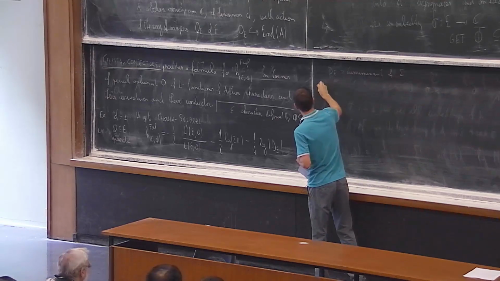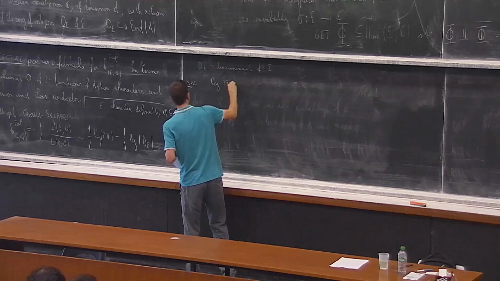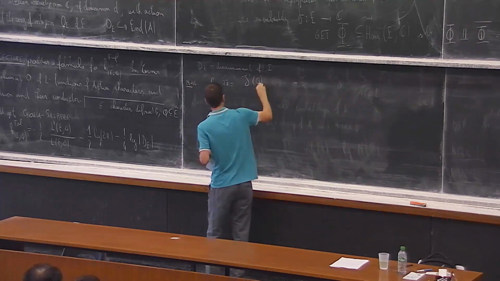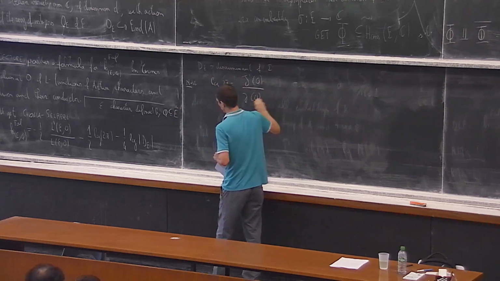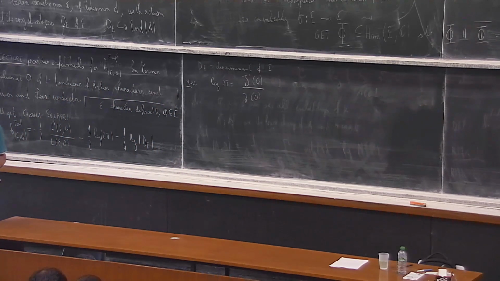And note that I can write my log 2 pi again using the same formalism as the usual zeta function derivative evaluated at 0 divided by the value of the zeta function at 0. Okay?